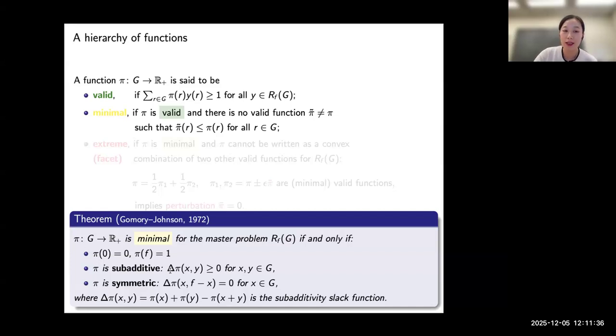They are exactly the non-negative functions satisfying 3 properties. One, pi of 0 is 0, pi of f is 1. Second, pi is subadditive, meaning that for any x, y, pi of x plus pi of y minus pi of x plus y, this is the subadditivity slack function, should be non-negative. The third condition is pi is symmetric.